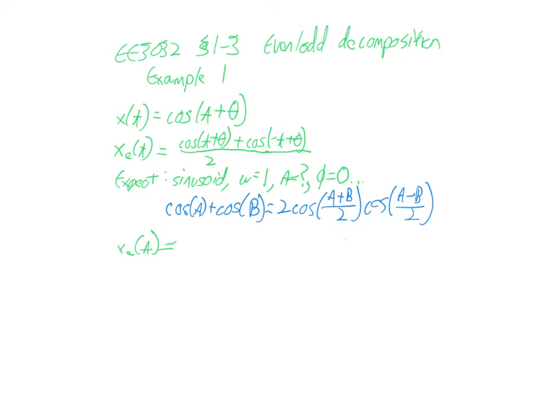So we're going to plug those into the formula here, and we're going to have the product of two cosines. The first says you add the angles, and then you divide by 2. So when I add the angles, I have t plus theta plus the quantity negative t plus theta. So the t and the negative t cancel out, and I get 2 thetas divided by 2.